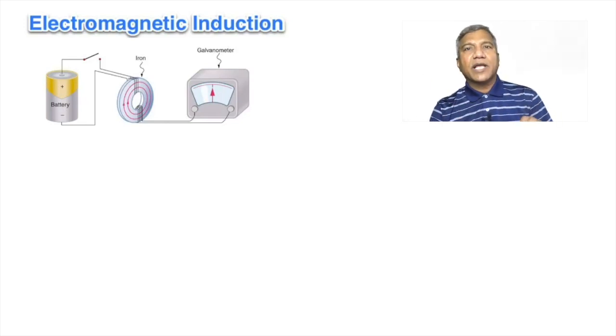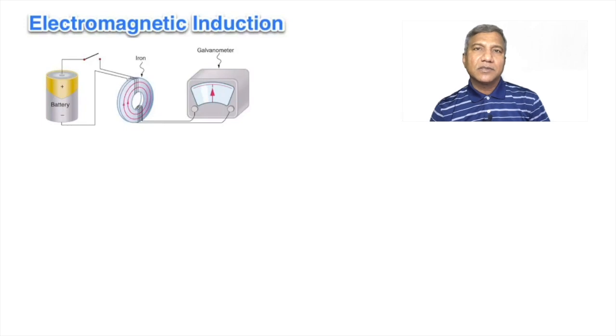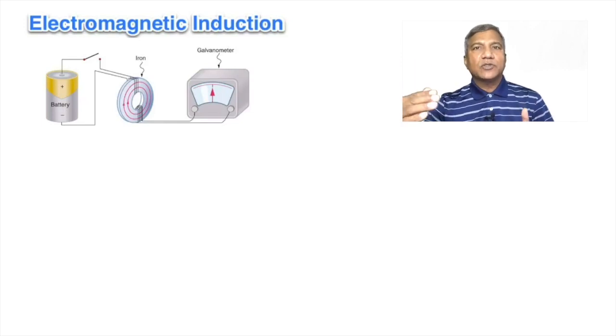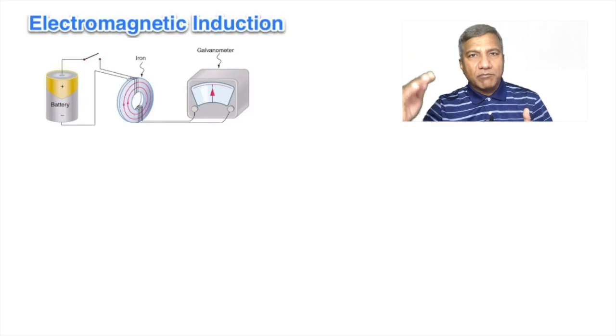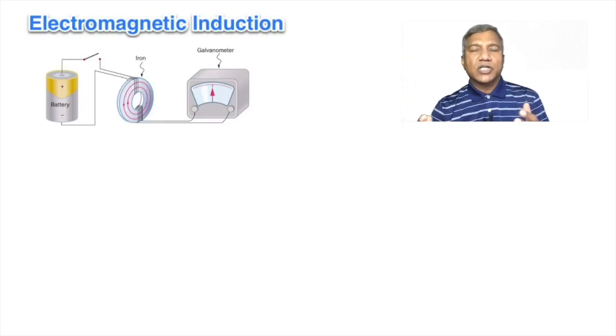Now, if that is what happens when the switch is closed, you know what's going to happen when the switch is open? When the switch is open, the current in the top coil decays, which means its value drops from a maximum to zero. That again changes the magnetic field. This time it decreases the magnetic field.